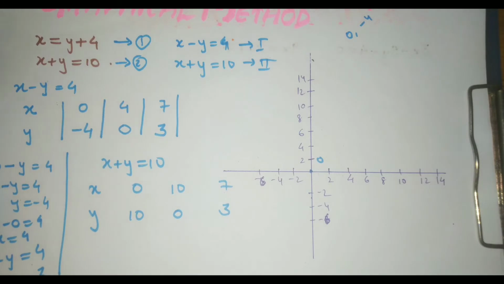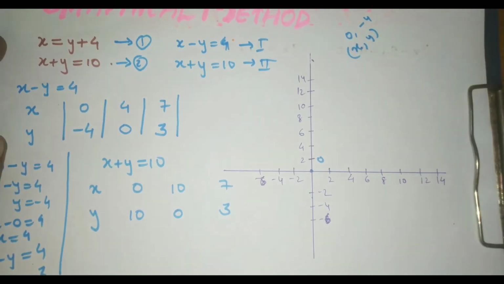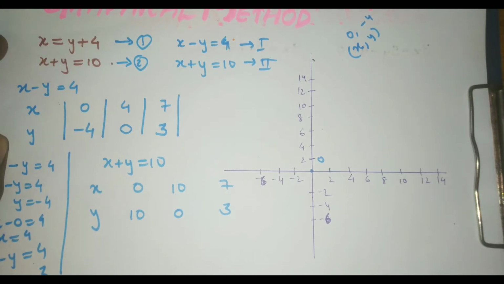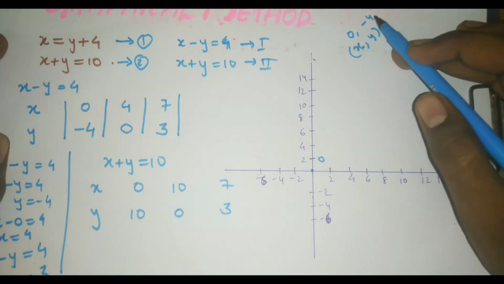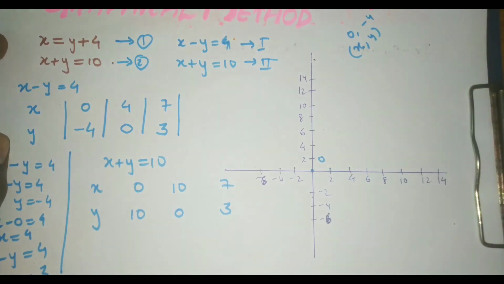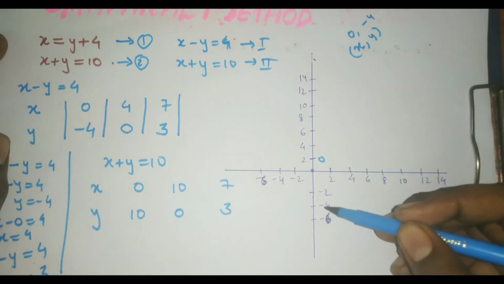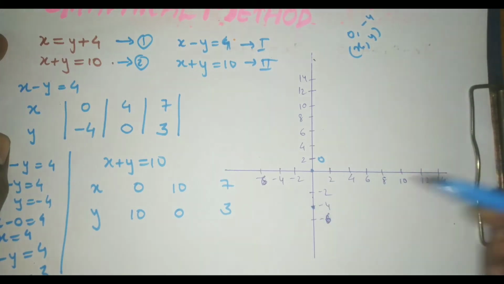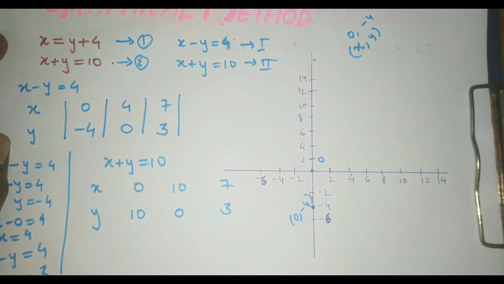Now you have to understand that in 0 comma minus 4, this is the x value and this is the y value. This is a coordinate point. Now x value we know is 0, y is minus 4. In the y axis, where is the minus 4 lying? It is below this x axis, like here, fine. So this is 0 comma minus 4.